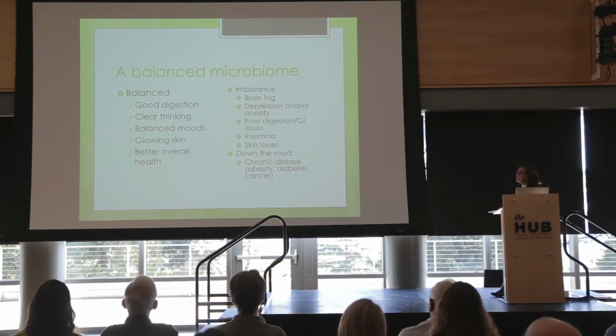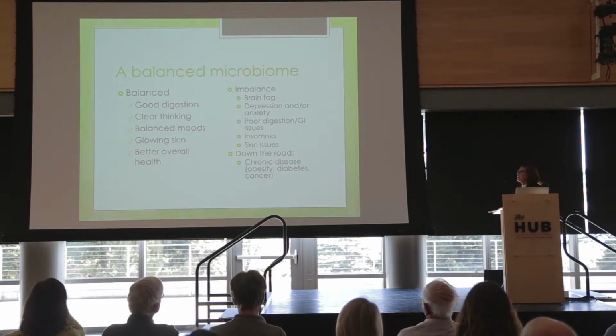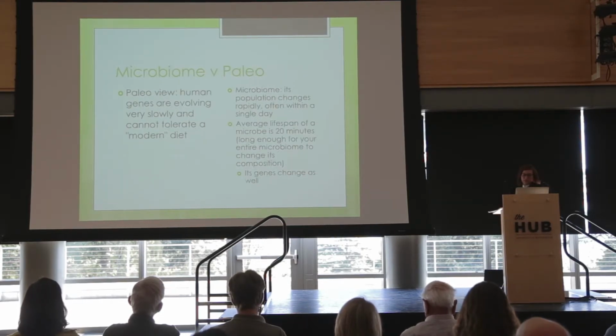So a balanced microbiome would be where you're having clear thinking, balanced moods, glowing skin. An imbalance in your microbiome can often lead to even mental health type issues like anxiety, depression. You can have insomnia, skin issues, all of those types of things if you're experiencing dysbiosis.